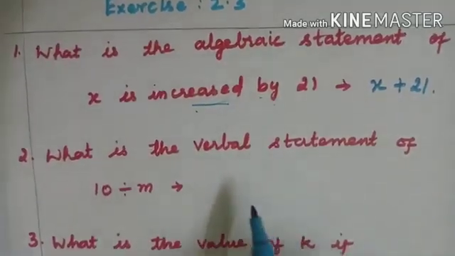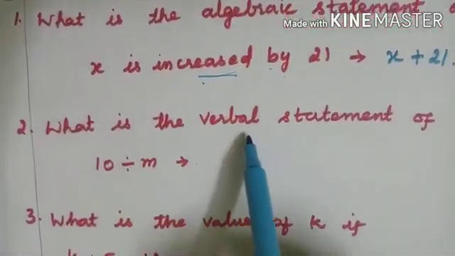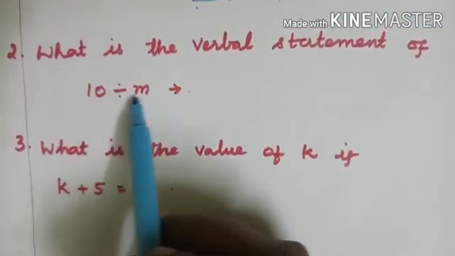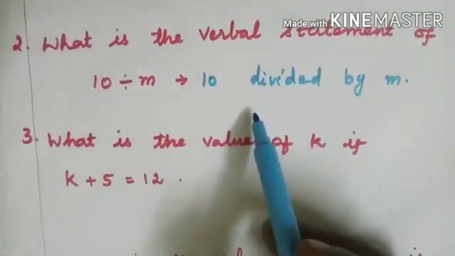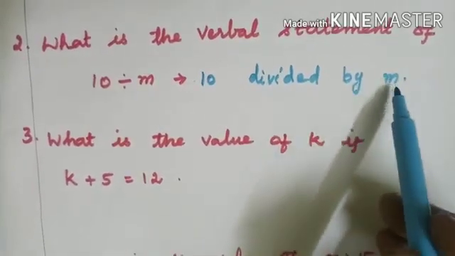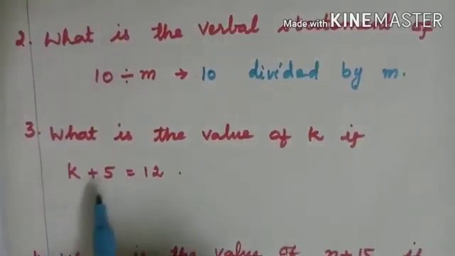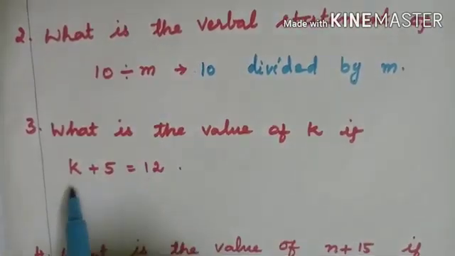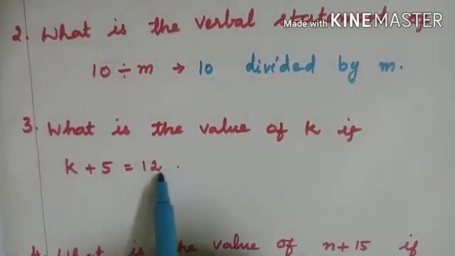The next question, what is the verbal statement of 10 divided m? So here you can write as it is, isn't it? So 10 divided by m. Third question, what is the value of k if k plus 5 equal to 12?